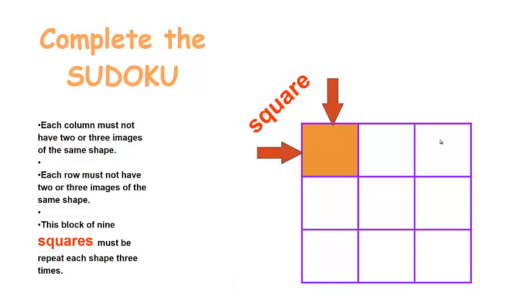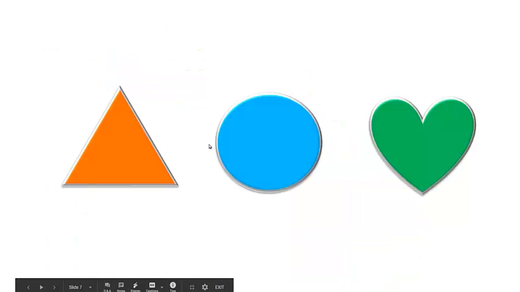And this activity has 9 squares: 1, 2, 3, 4, 5, 6, 7, 8, and 9. Perfect. Now I would like to show you how to solve a simple Sudoku using triangle, circle, and heart shapes.